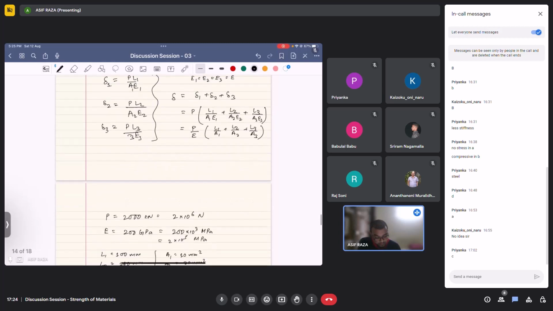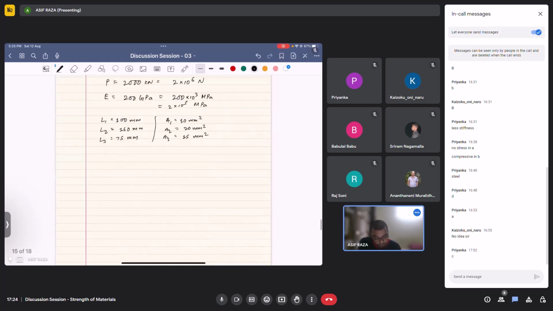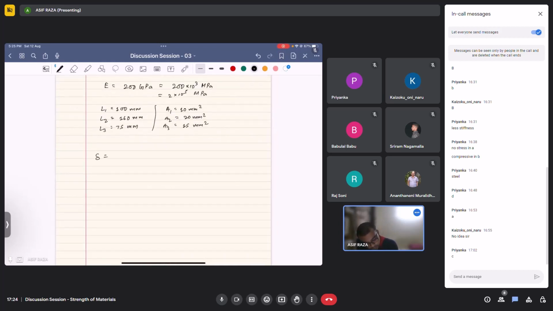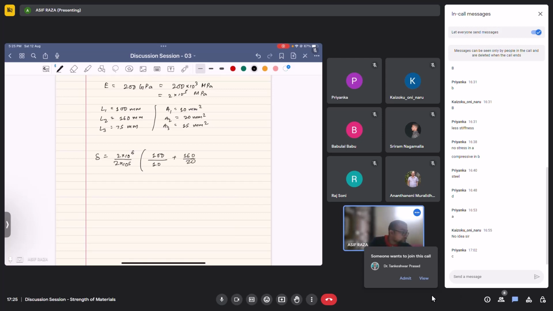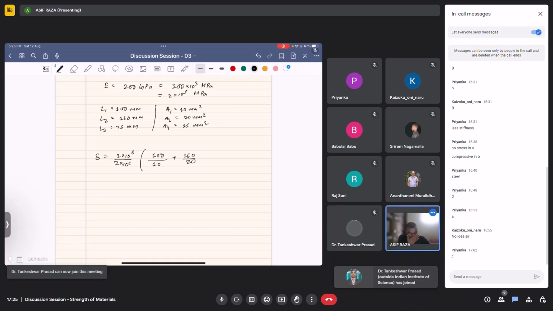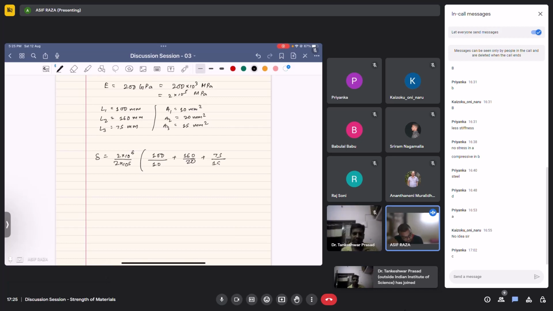Now we'll substitute everything in the formula: 2 into 10 power 6 upon 2 into 10 to the power 5, times L1 is 100 upon A1 is 10, L2 is 160 upon 20, L3 is 75 upon 15. So this is 10, this is 8, and this is 5.